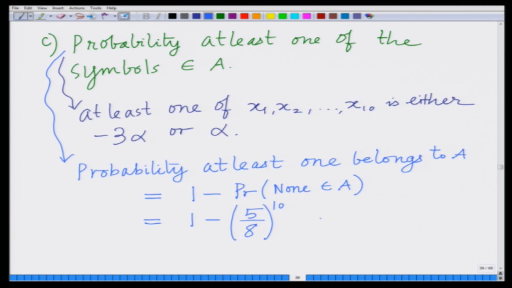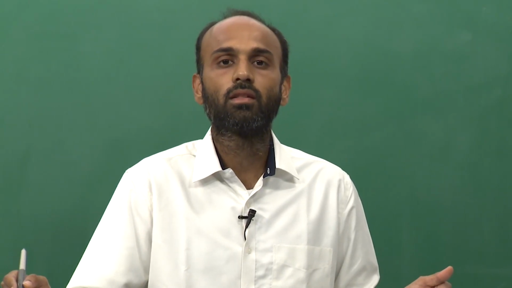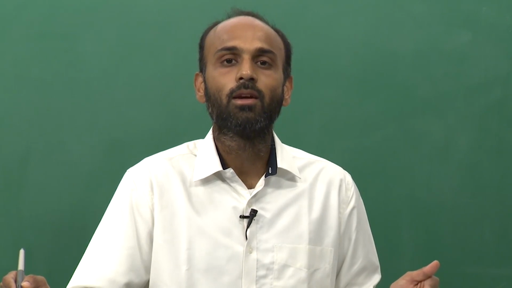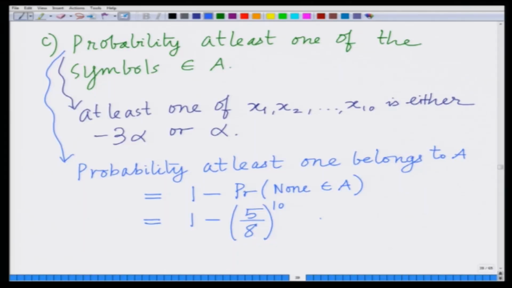So, the probability that at least one of these symbols in this block x1, x2 up to x10 belongs to A is 1 minus the probability that none of them belongs to A, and that probability is 5 by 8 raised to the power of 10. Therefore, the probability that at least one of them belongs to A is 1 minus 5 by 8 raised to the power of 10, and that is what we have computed over here.